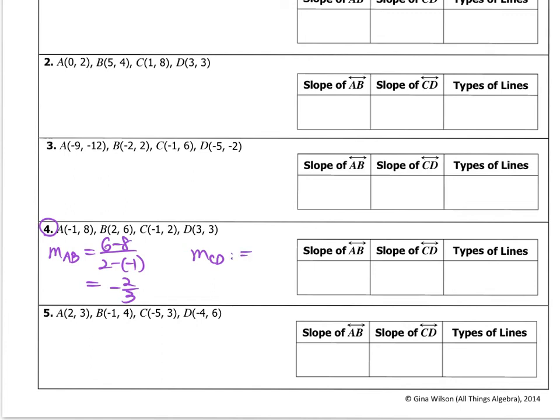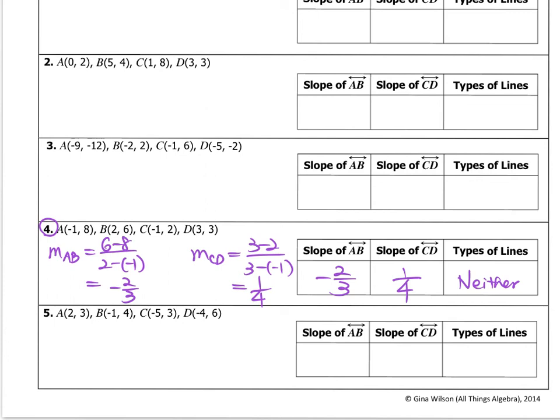I should have 3 minus 2 over 3 minus 1, so I should have 1/4. So the first slope is negative 2/3, the second one is 1/4. They're not parallel, nor are they perpendicular, right?